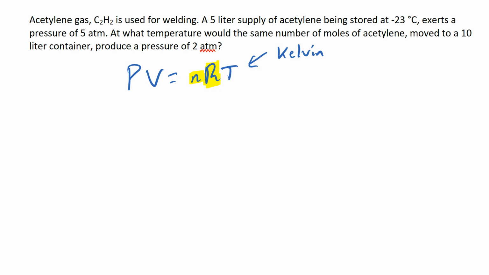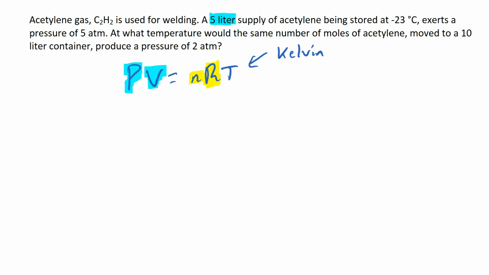Now the stuff that's going to change when we put our gas into a new container is, of course, the pressure. Remember, we had it initially stored at 5 atmospheres, and it's going to end up at 2 atmospheres of pressure. So pressure is definitely changing. Another thing that's going to change is the volume. This 5 liters of gas is going to be in a 10-liter container, and you can bet the gas is going to spread out and take up all of those 10 liters of space.